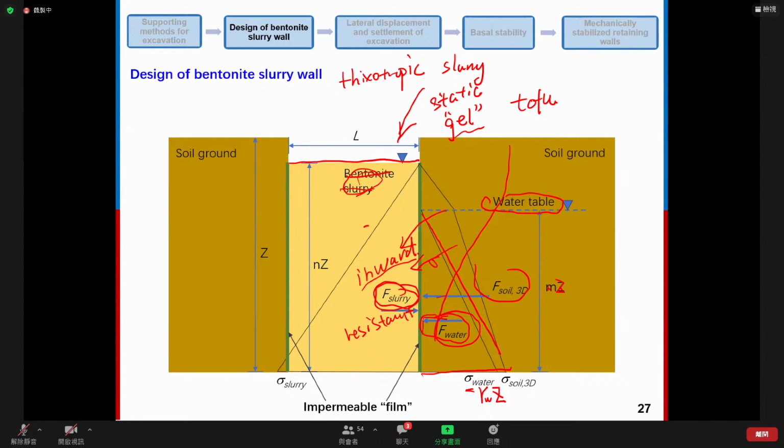So maybe the soil is going to be compressed in this direction. Okay, so I think this answers your question why the soil does not collapse after bentonite slurry is added into the excavation. Okay.